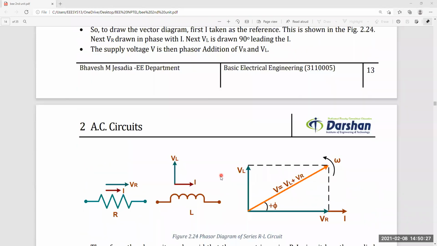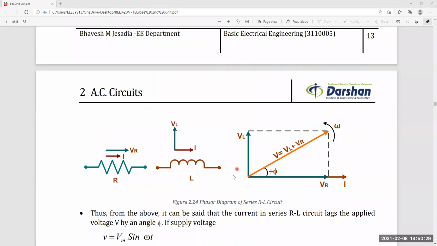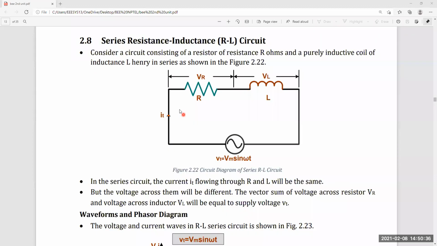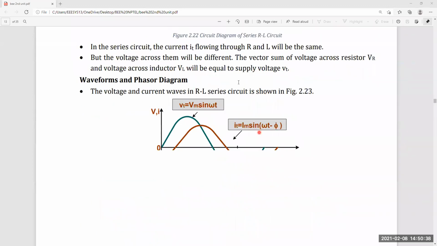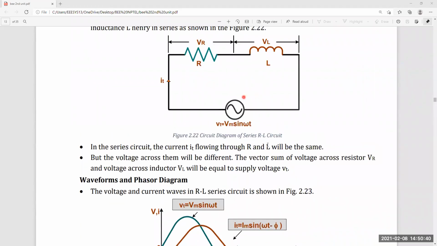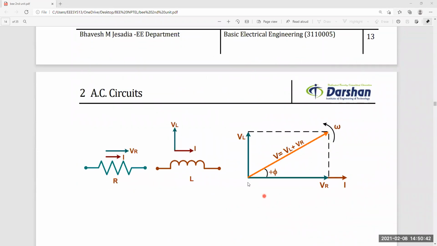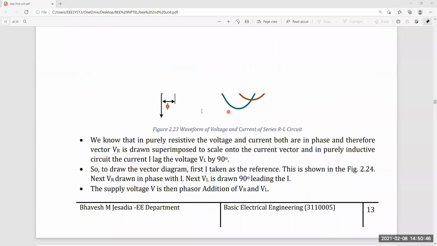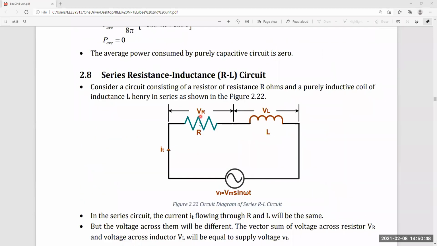The expression. So what is the phasor diagram? By taking the current as a reference in this series RL circuit, the current is constant. I take the current like this, and then the voltage across the resistor is called VR.